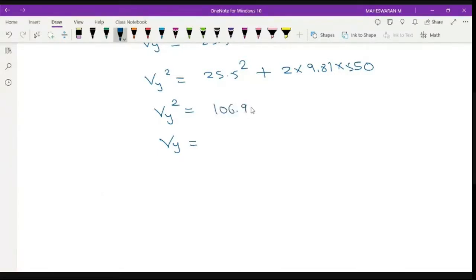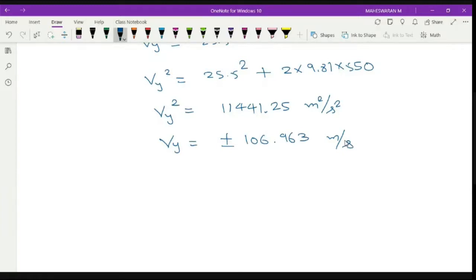Vy square is 11441.25 meter square per second square. What is your Vy? Plus or minus 106.963 meter per second.